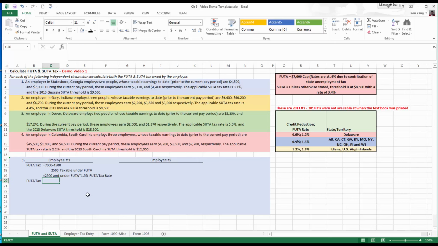The FUTA tax would be 2,500 times 1.5%, which is $37.50.